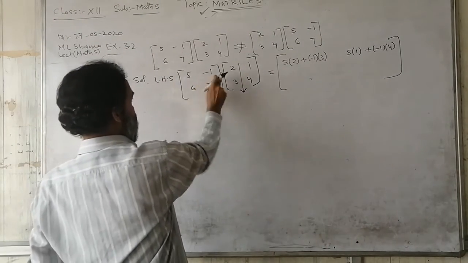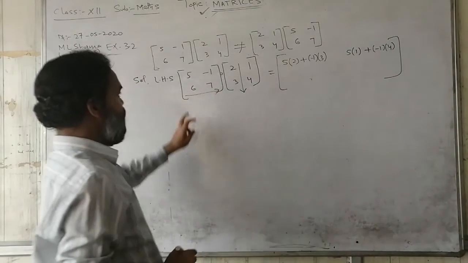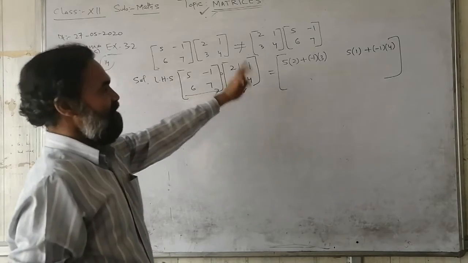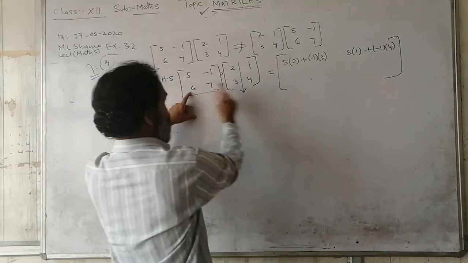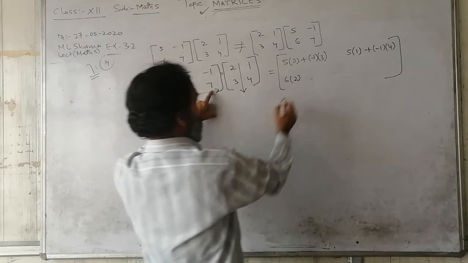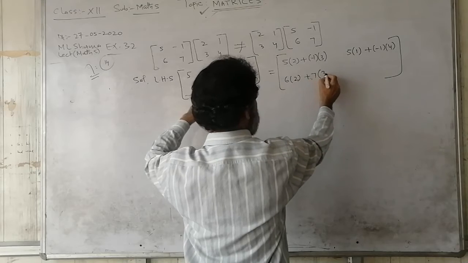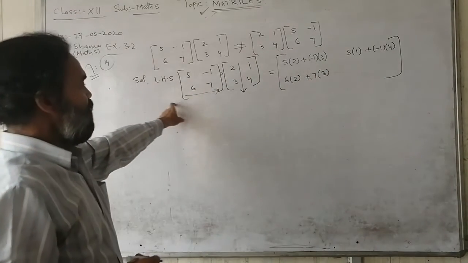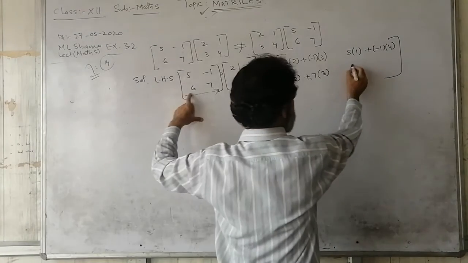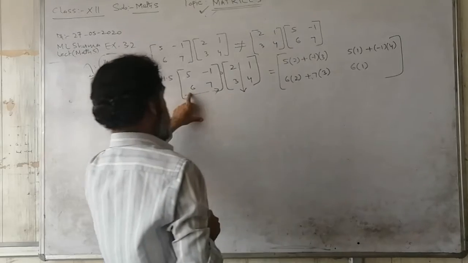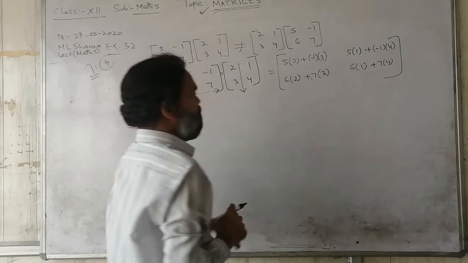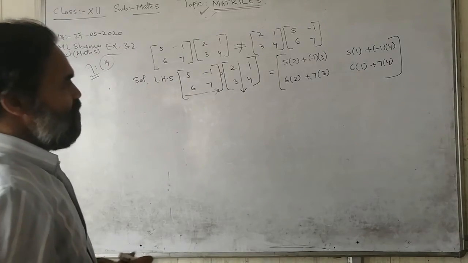Then the second row is to be elements of this row to be multiplied by column C1 and column C2 elements. So 6 into 2, then plus 7 into 3. So again elements of this row multiplied by column C2. So 6 into 1 plus 7 into 4. So there are only 2 rows and 2 columns.